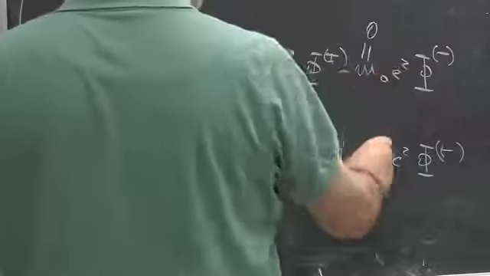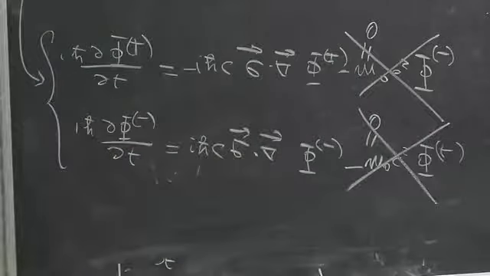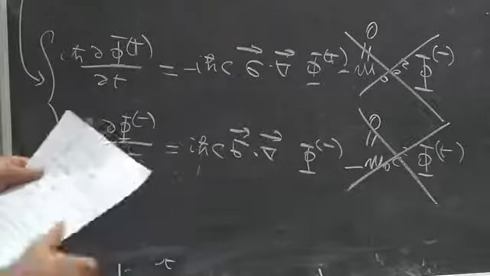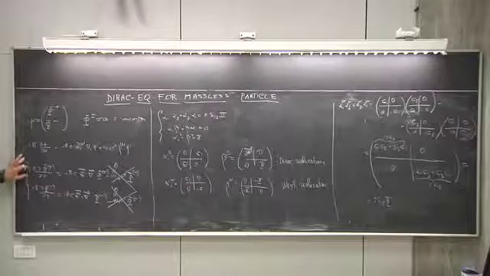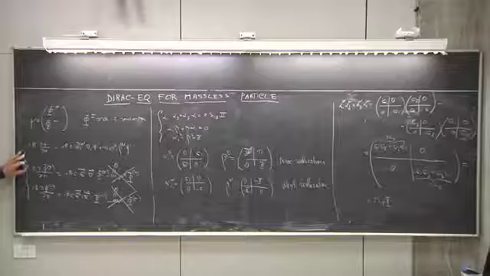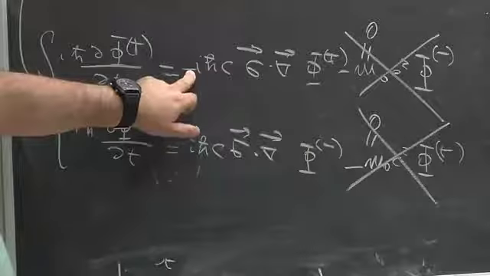If the mass is 0, this term is not there, and I get two uncoupled equations. So effectively, using that representation, the massless particle is represented by two equations that are actually identical, modulo this sign.